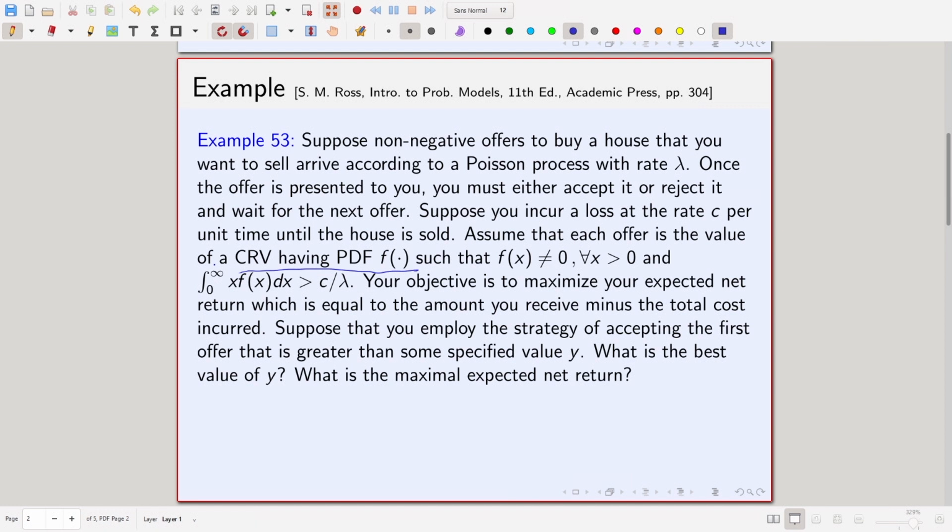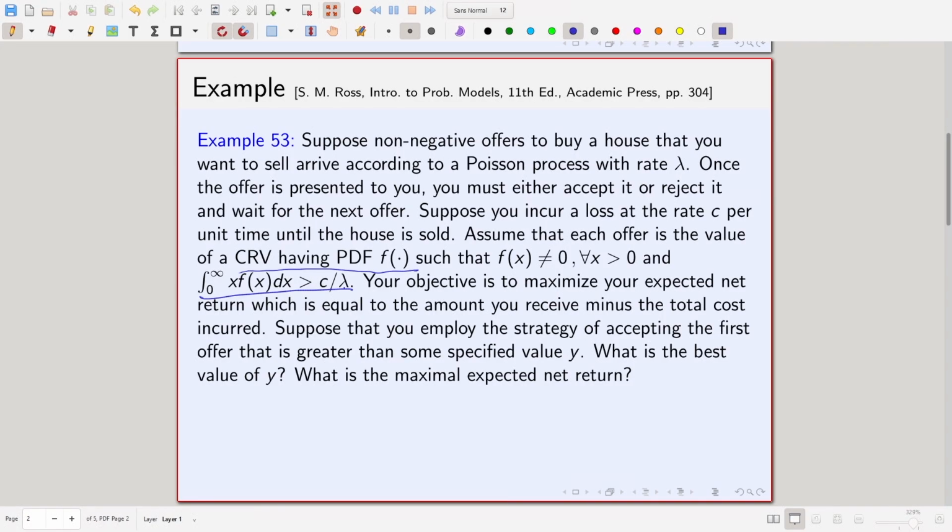So, the offers are actually random. What will be the amount of the offer? That is random. Each incoming offer is a continuous random variable which has probability density function small f.